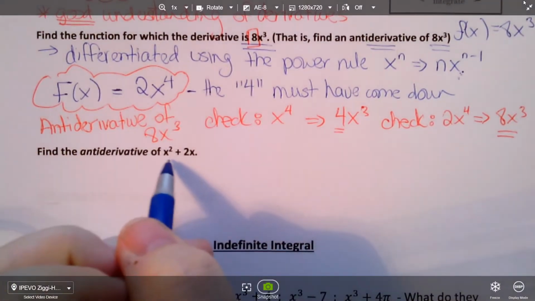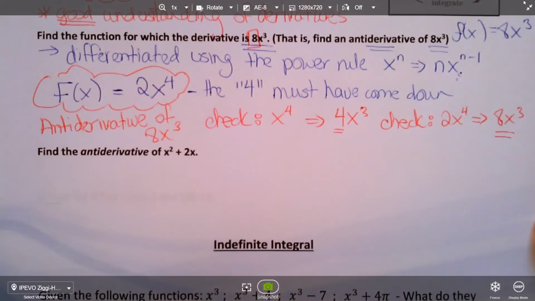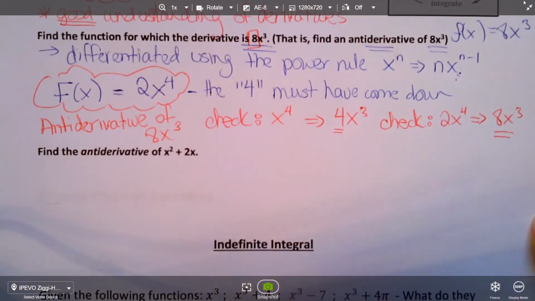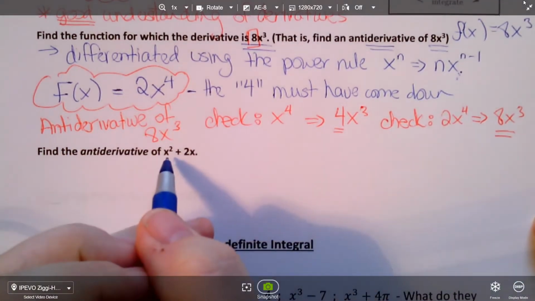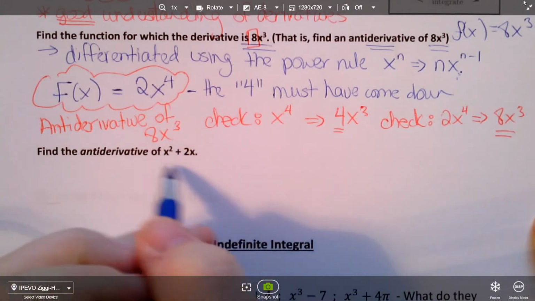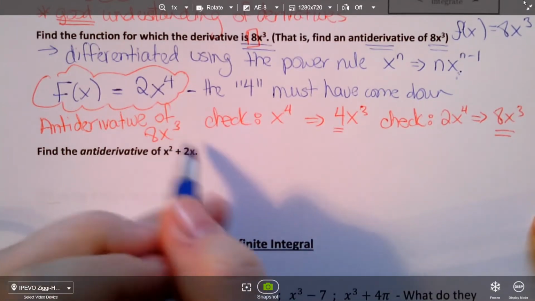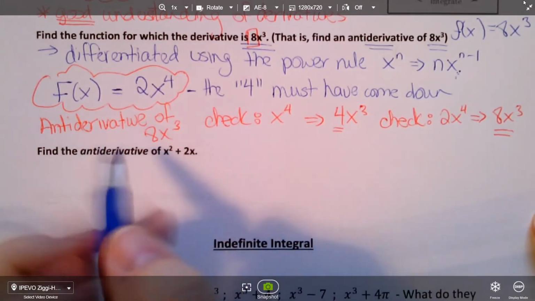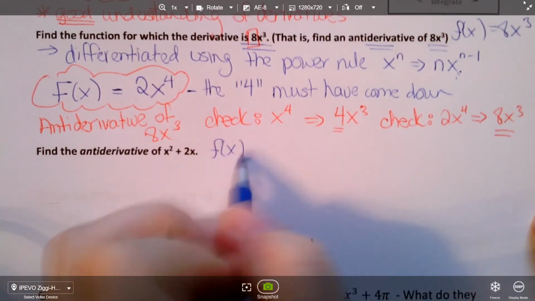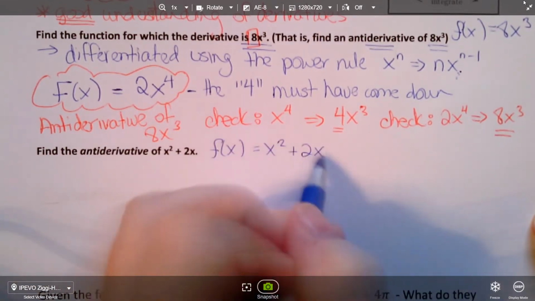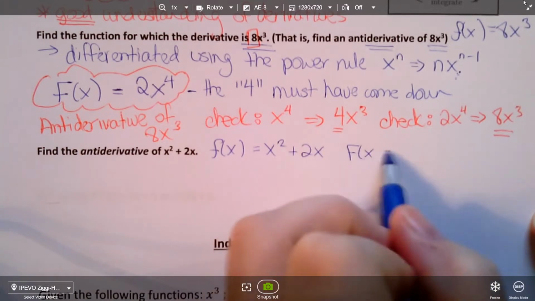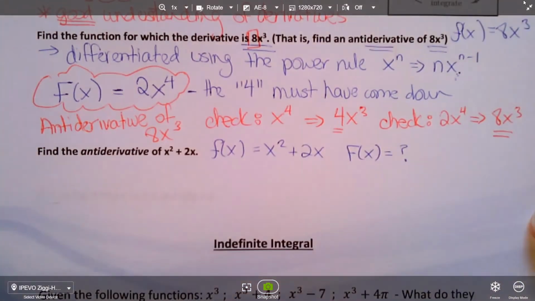All right, antiderivative. If you want, you can give it a quick pause and try this one on your own. So if this is my current function after a derivative was taken, if f of x equals x squared plus 2x, what is the antiderivative?